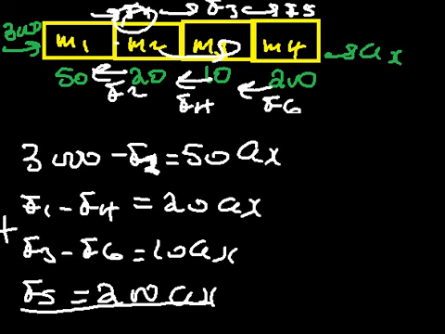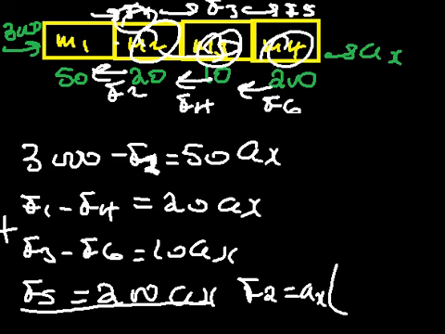Now the contact force, let's say between M1 and M2, we'll have it as F2. That will be equal to the acceleration that will be obtained times the summation of this mass as well as that mass.